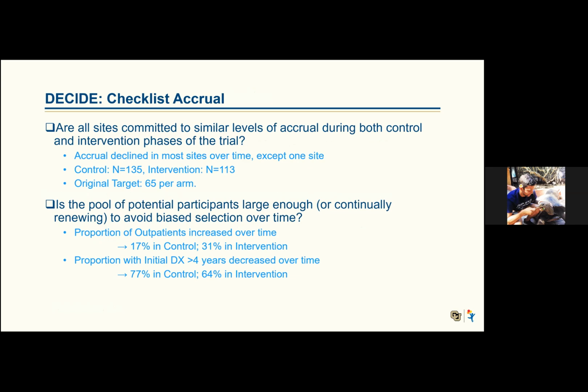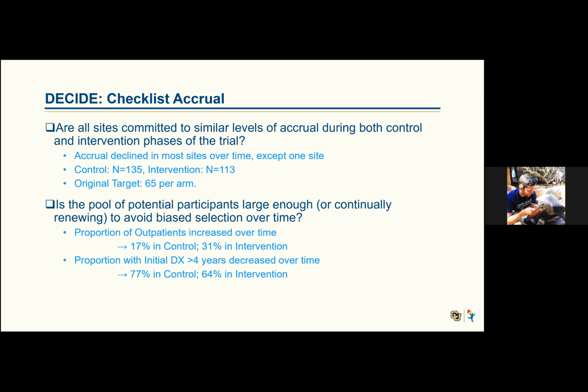And is the pool large enough to avoid selection bias? We thought that this wasn't going to be an issue because people come in to have this procedure and it seemed like there was going to be a renewing pool, but it turned out that the characteristics of that pool did change over time. We had more outpatients later in the study, so we had a higher proportion in the intervention.